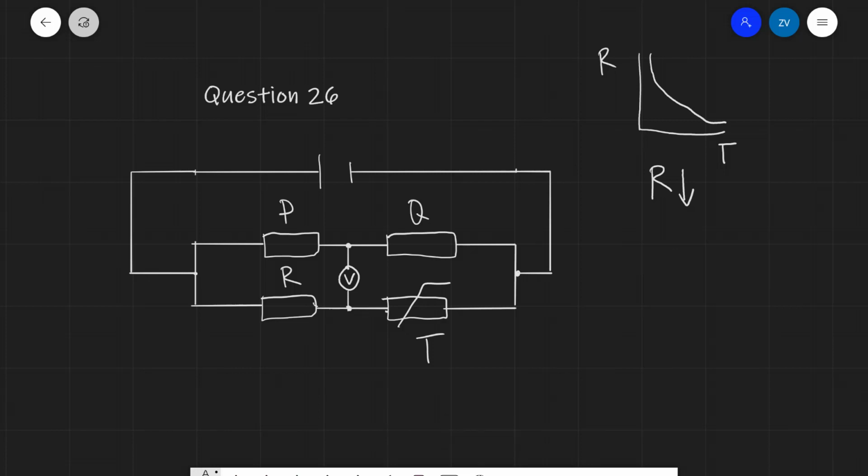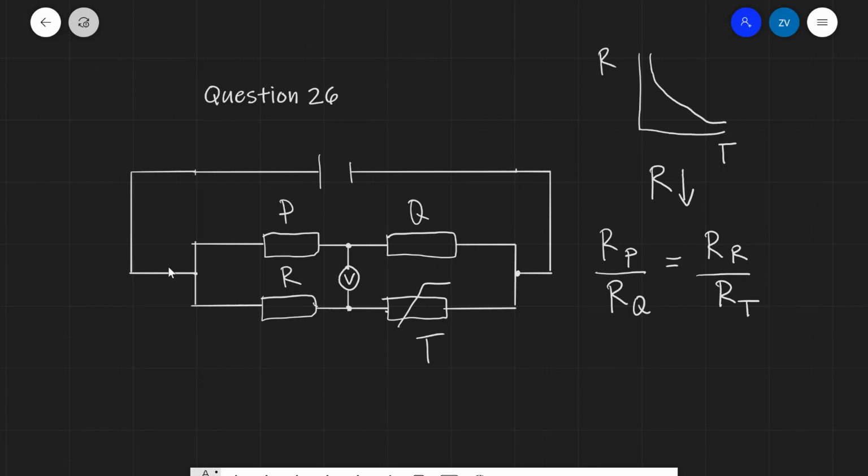This circuit is essentially an application of something called the Wheatstone bridge, in which, when it is balanced, meaning that the voltage across it is 0, the ratio of the resistances is as follows. The resistance of P divided by the resistance of Q will be equal to the resistance of R divided by the resistance of T.